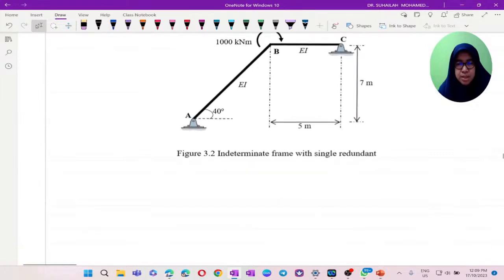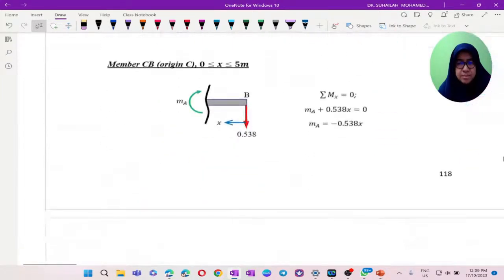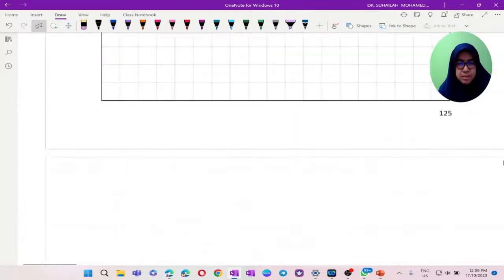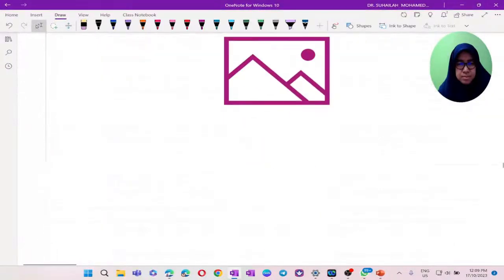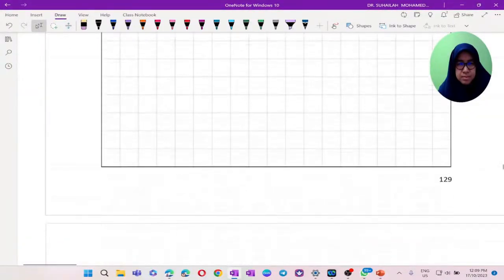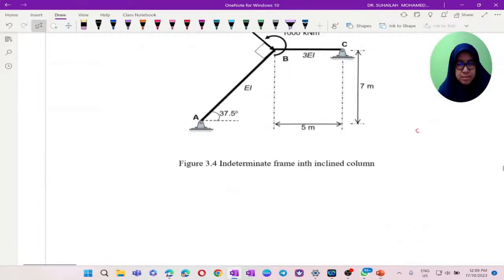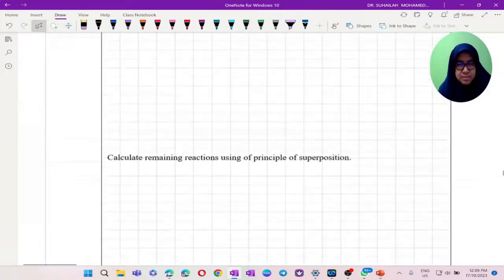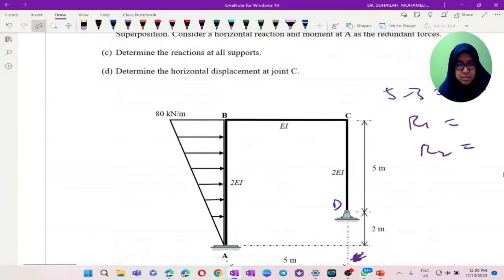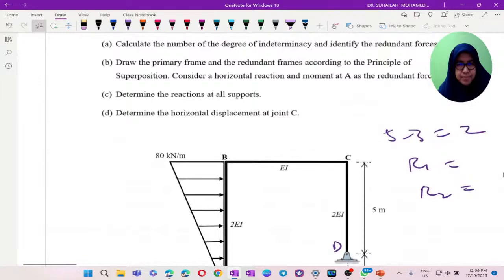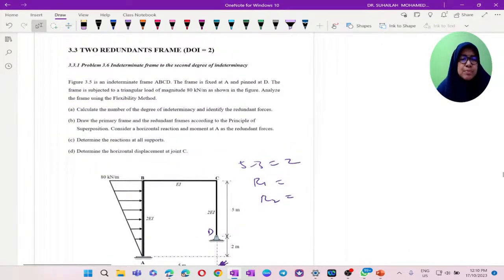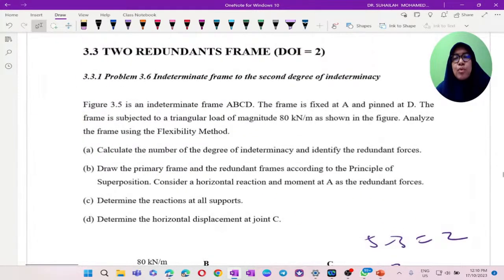Okay, this is one redundant. Okay, this is two redundant, problem 3.6 under 3.3.1.